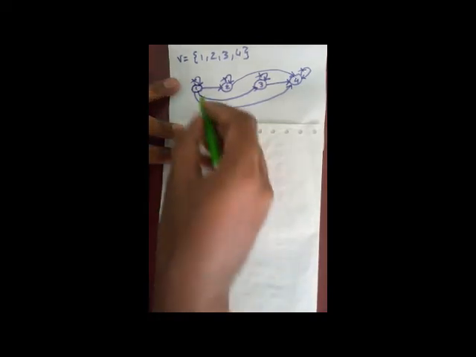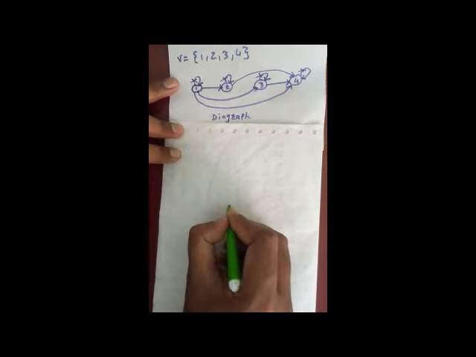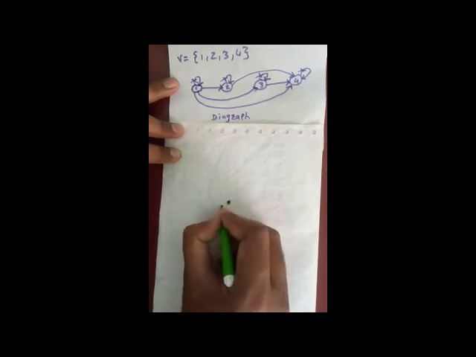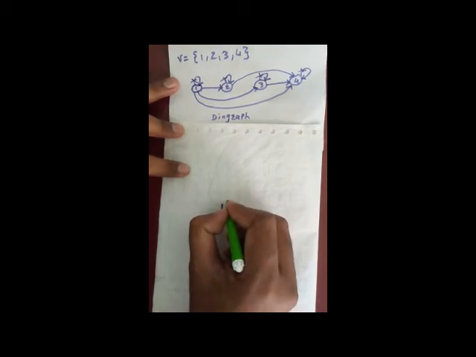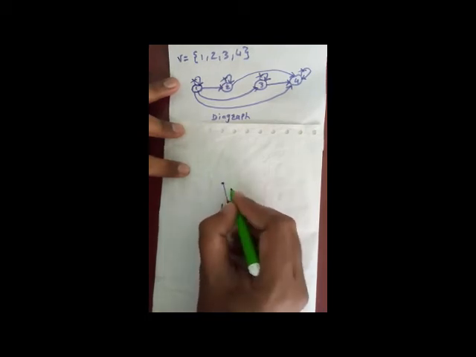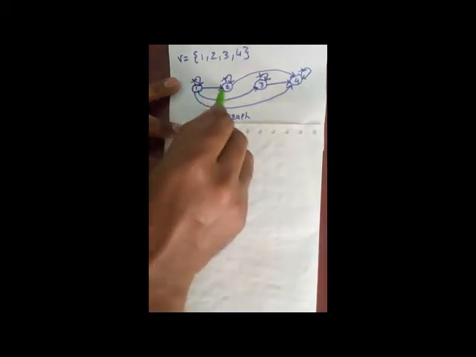So 1 is related to 2, which means 1 is at the lower level and 2 is at the upper level, right? 1 to 2.